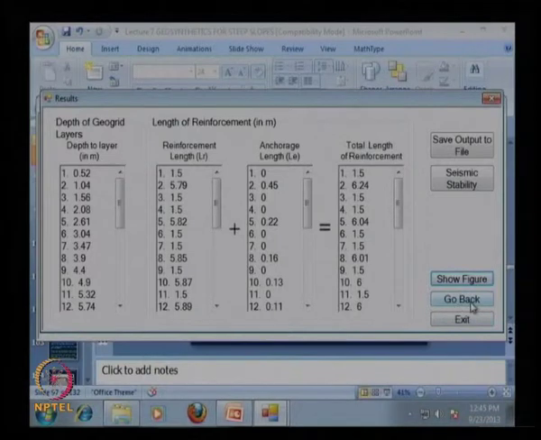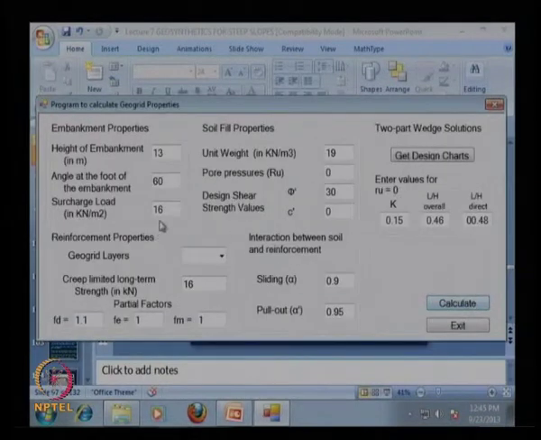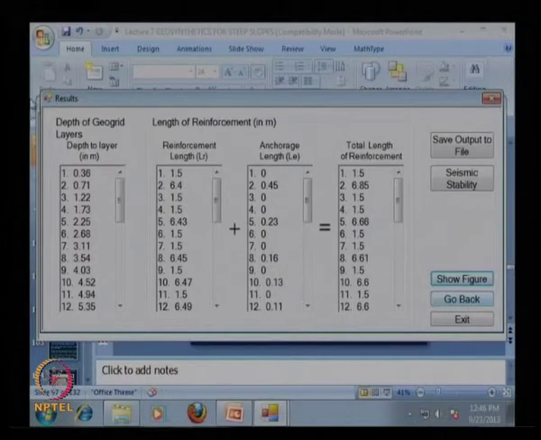Also, you can change the angle. For example, if you wanted to make it 90 degrees, keeping all others the same, you can change it, then calculate, and then show the figure.